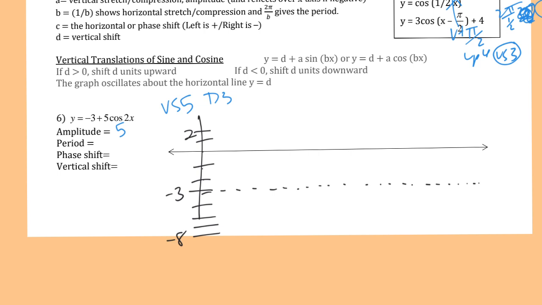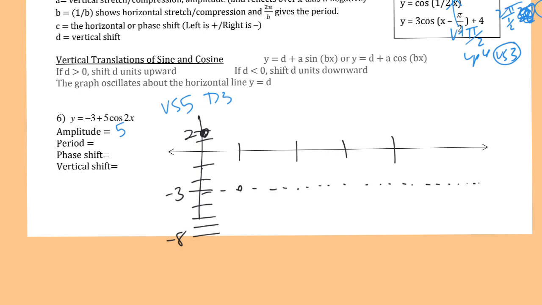Okay, and it's cosine, so it starts at the highest point. Okay, so you're going to go out half, half, and half. So you got 4 more points after the beginning value. It's not scooched left to right. So it's going to start at 0, but it's going to start at the highest point, which is going to be at 2.